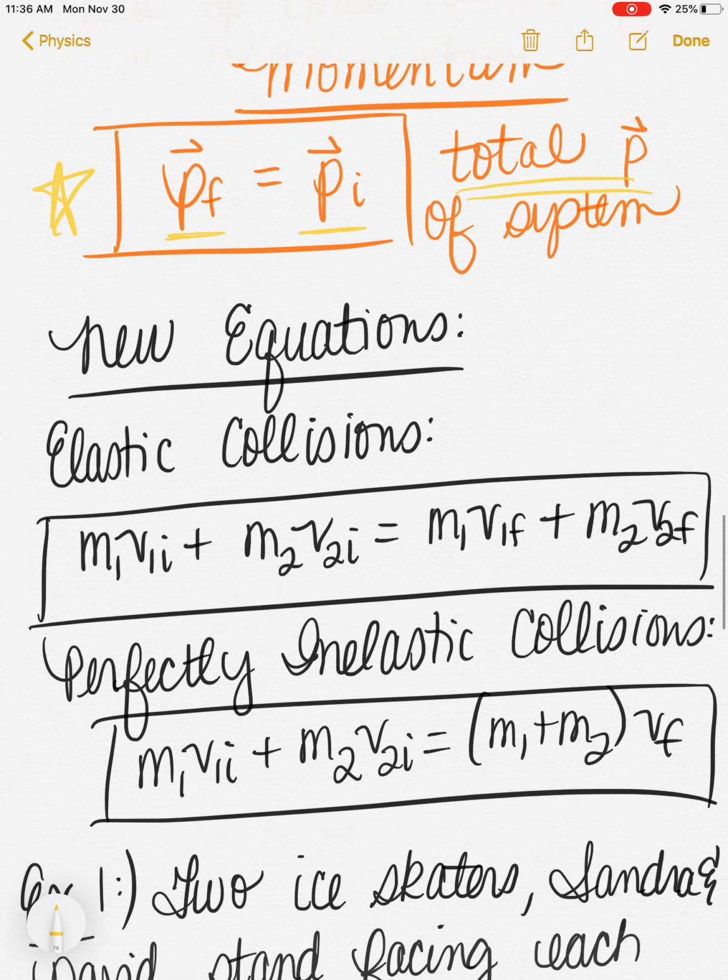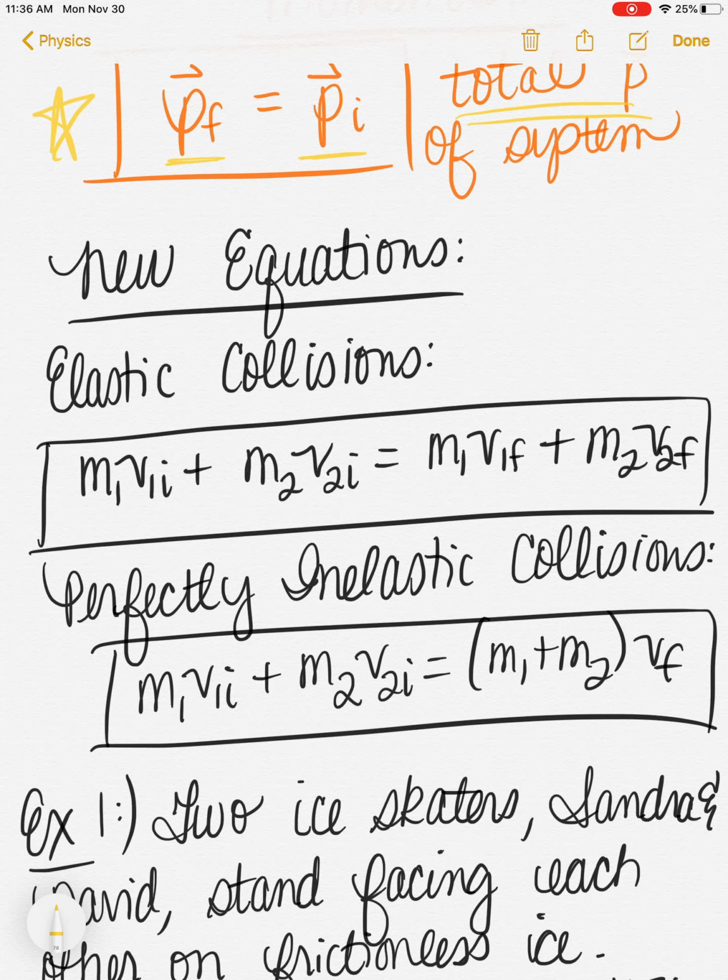We also have two separate equations, one for elastic collisions, one for perfectly inelastic collisions. So remember, in an elastic collision, you have two objects that are colliding and bouncing apart, like cue balls that are going to interact and then move apart from one another.